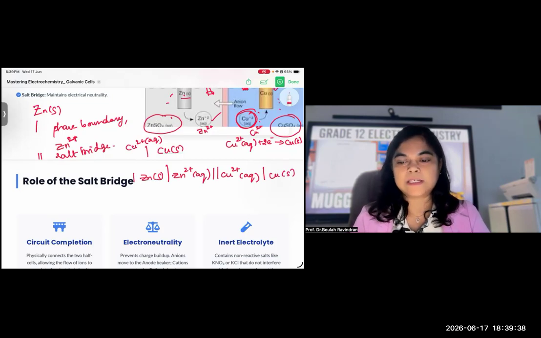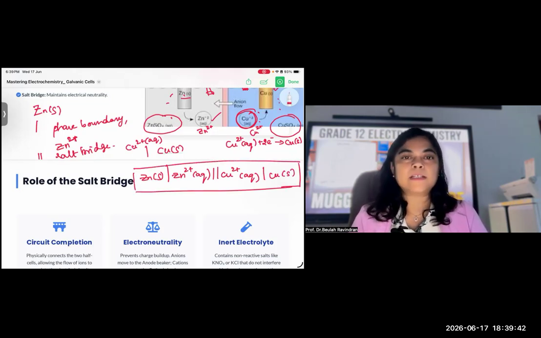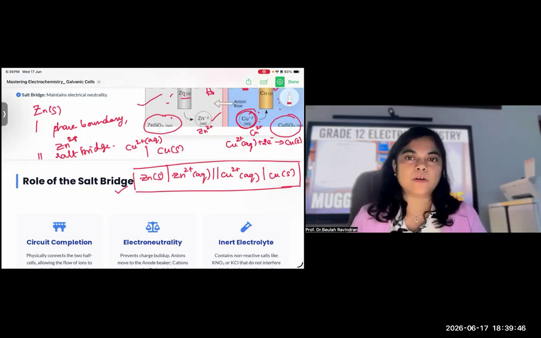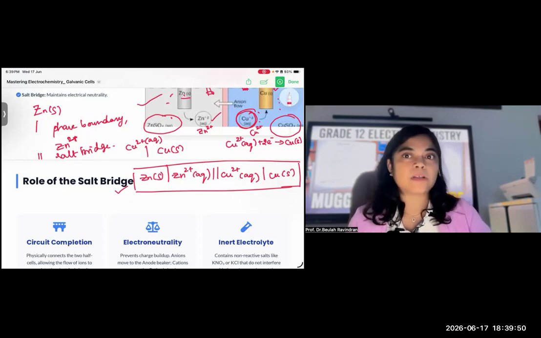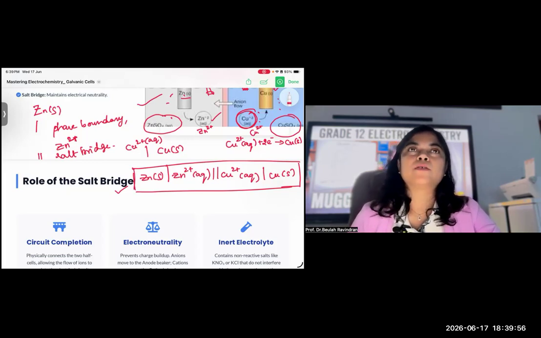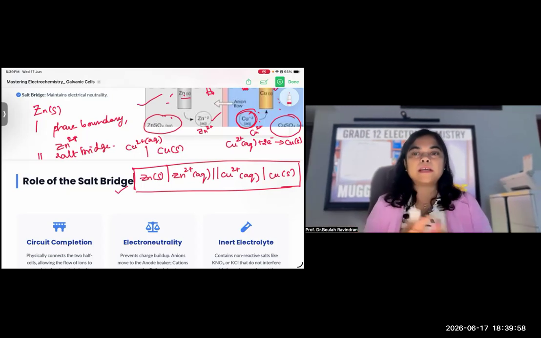Got it? This is the way you can write the cell. Instead of drawing all these beakers, it is the simplest way, and it will not consume your exam timing. So you must know how to write it: left side anode, right side cathode.